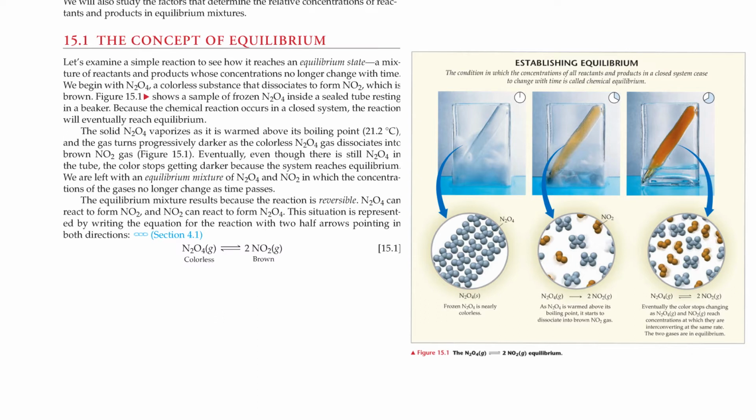The equilibrium mixture results because the reaction is reversible. Dinitrogen tetroxide can react to form nitrogen dioxide, and nitrogen dioxide can react to form dinitrogen tetroxide. The situation is represented by writing an equation for the reactions with two half arrows pointing in both directions.